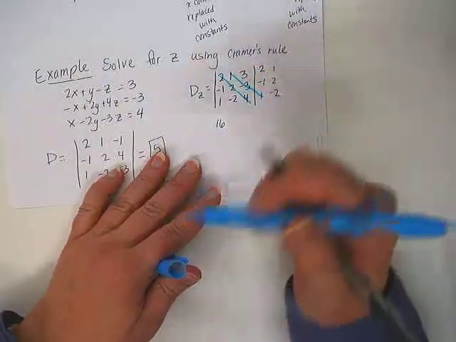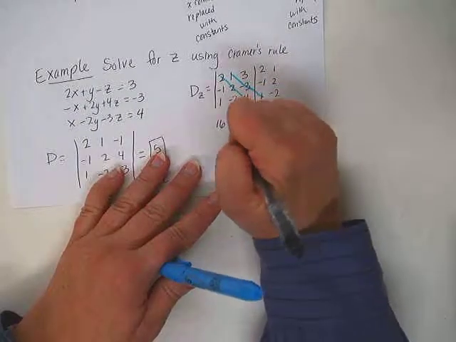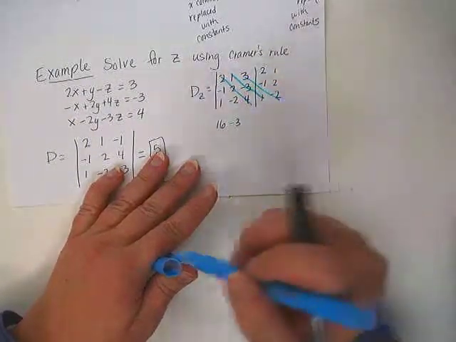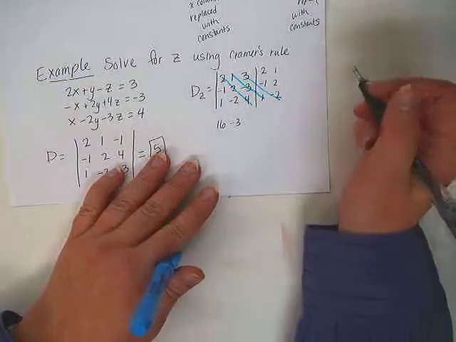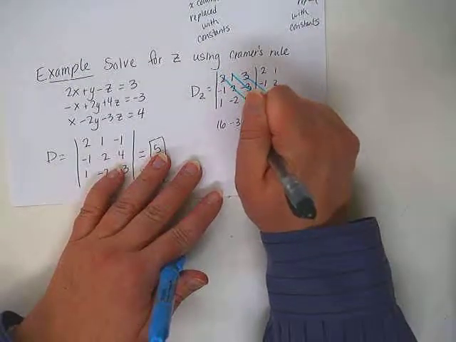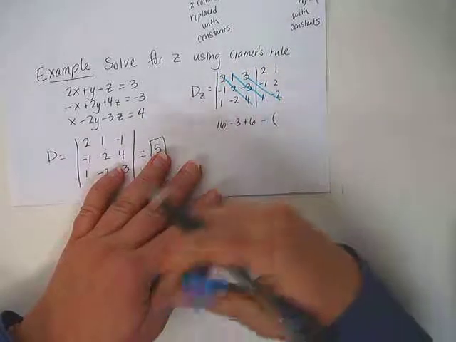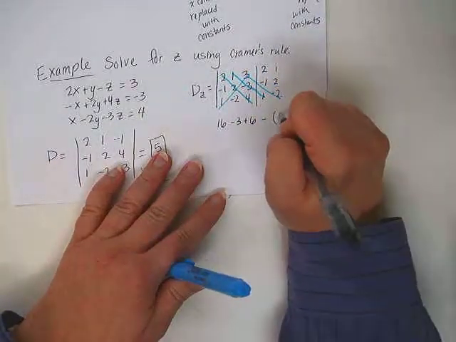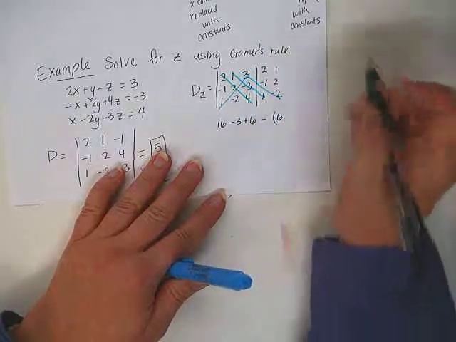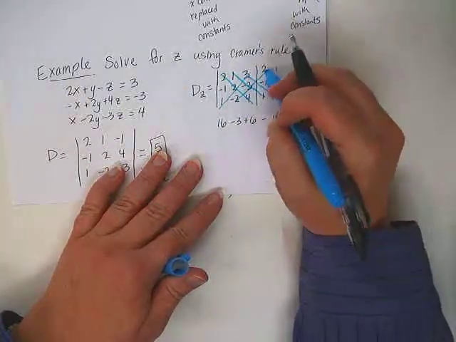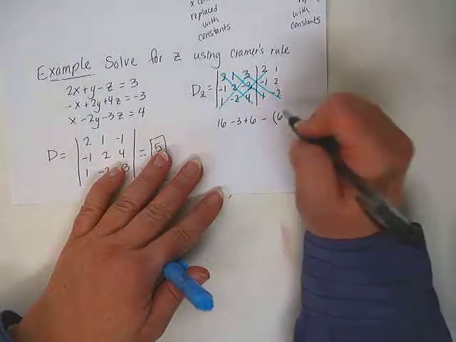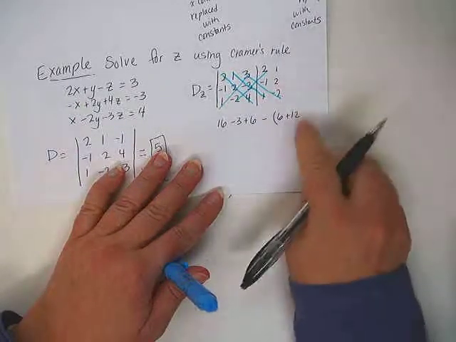So we do our diagonals. 2 times 2 times 4 is 16. 1 times negative 3 times 1 is adding a negative 3. 3 times negative 1 times negative 2 is a positive 6. 1 times 2 times 3 is a positive 6, and we will subtract that one.